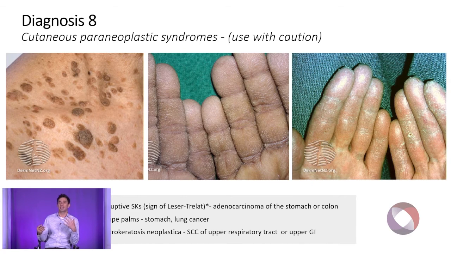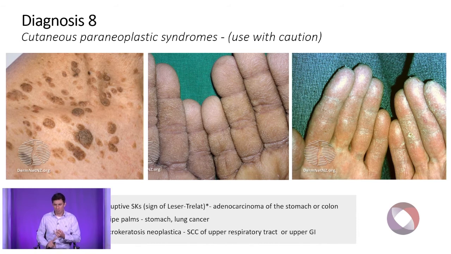So if someone gets SIADH, like out of the blue, you can be pretty certain, if you go look those up, you'll say, well, this is associated with small cell lung cancer and it's also associated with some sort of intracranial tumor. So if someone gets SIADH out of nowhere, then that paraneoplastic syndrome may actually help guide your diagnosis. But these cutaneous manifestations, they don't tend to do that, because look at this. These are the most common ones, and look what we have.